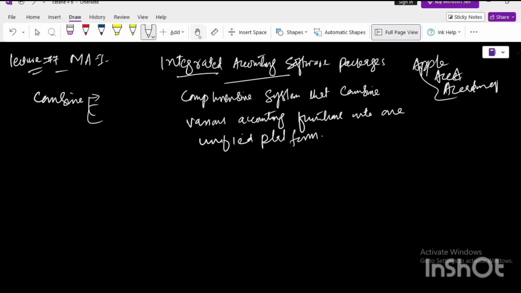So by integrated accounting system, we mean that this is a comprehensive system that combines the different accounting functions into one unified platform.